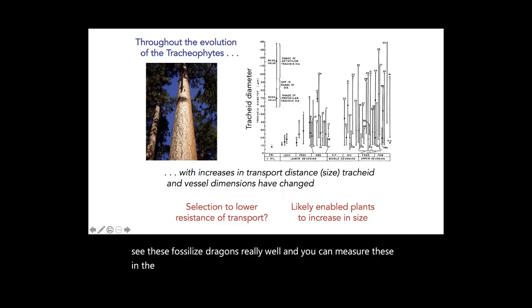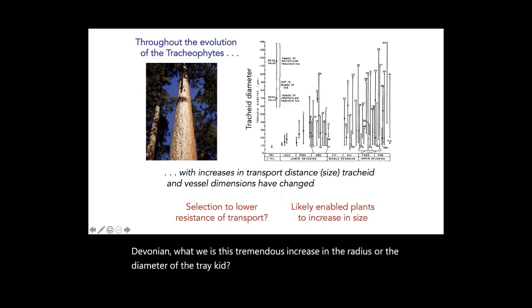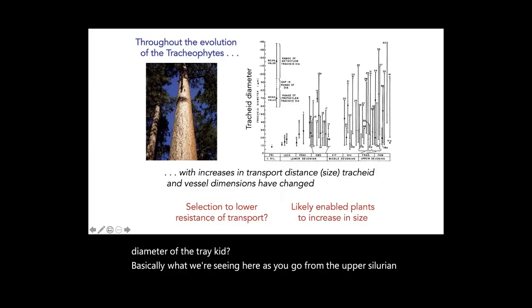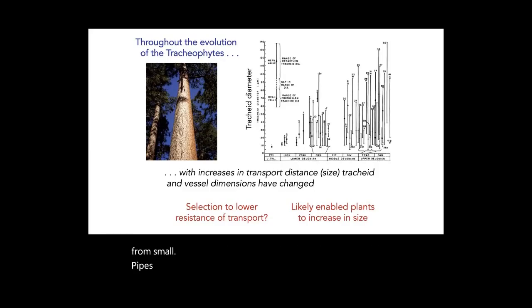And as you go from the Silurian up to the upper Devonian, we see a tremendous increase in the radius or the diameter of the tracheid. Basically, you go from small pipes to big pipes, okay? Interesting, because that's telling us something very, very important.